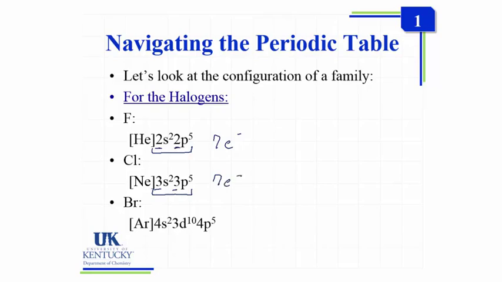And if we look at bromine, while there is this d submerged in the middle between those s's and p's, if we look at the highest n, here we have again 2 plus 5, 7 electrons in that highest n value.